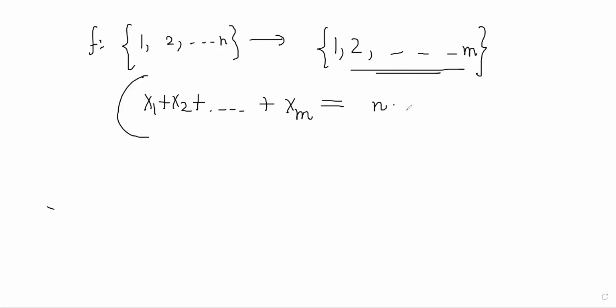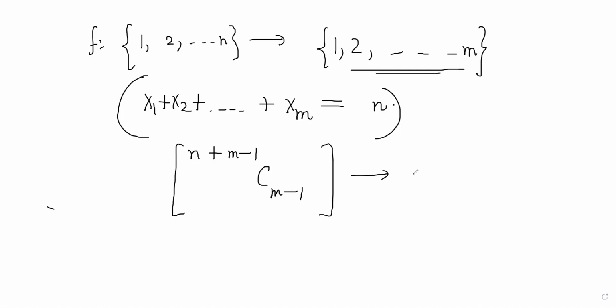The number of solutions to this by the stars and bars method is n plus m minus 1 C m minus 1, right? So this is the number of solutions for this equation, and for each solution you can make one non-decreasing function. So this is also equal to the number of non-decreasing functions from this set to this set, right?